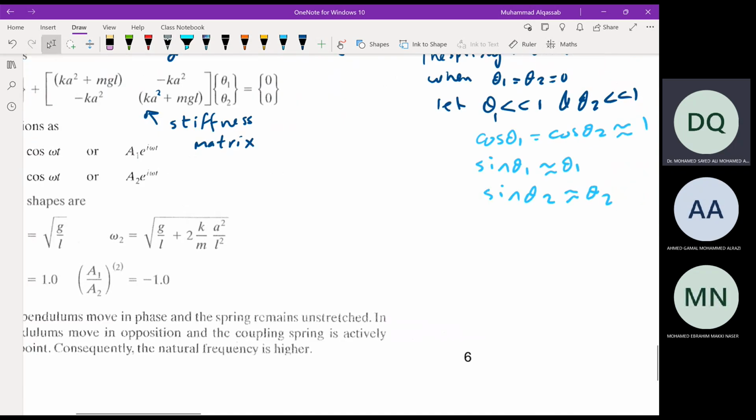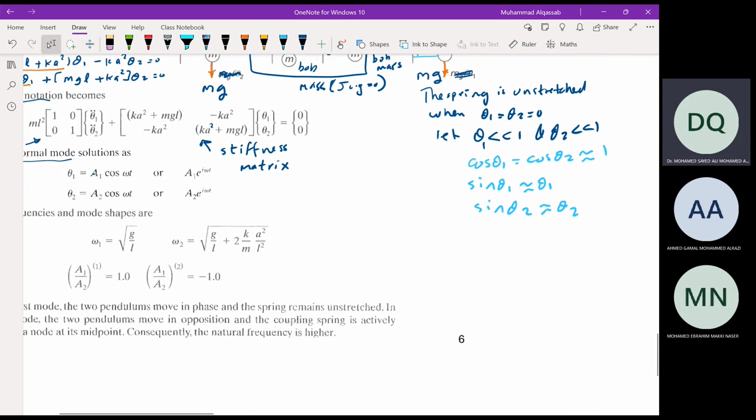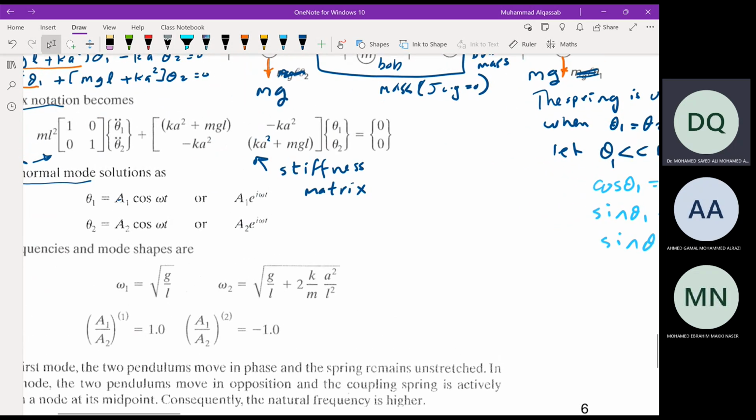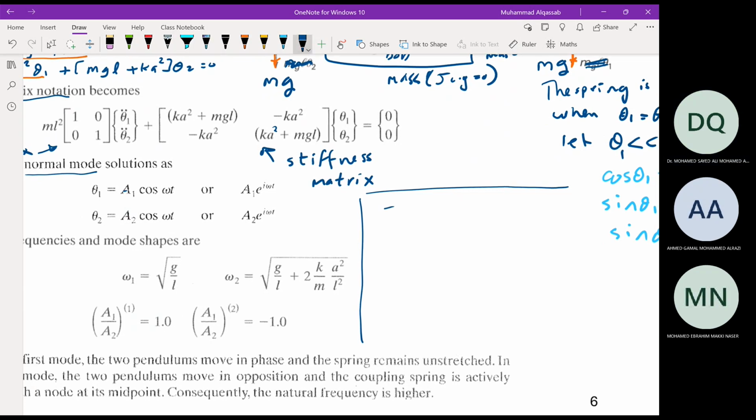Okay, so if we continue here in the example, the determinant, after we do the substitution, we will get minus omega square ml squared plus Ka squared plus mgl, and this will be minus Ka squared.